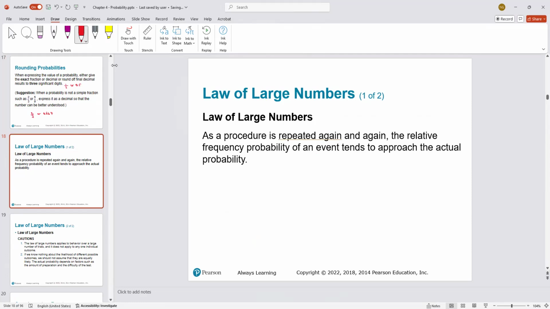This property is commonly referred to as the law of large numbers. So as a procedure is repeated again and again, the relative frequency of an event tends to approach the actual probability.